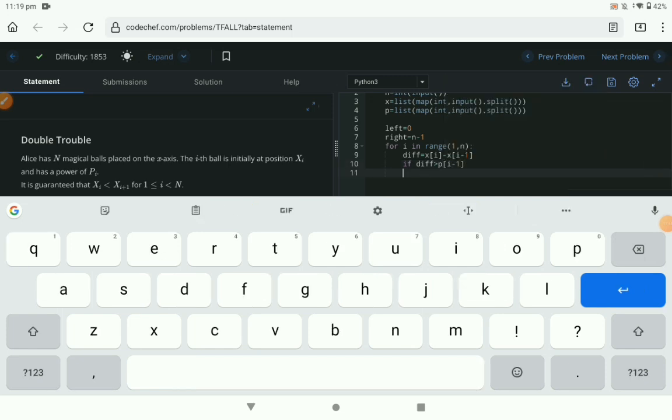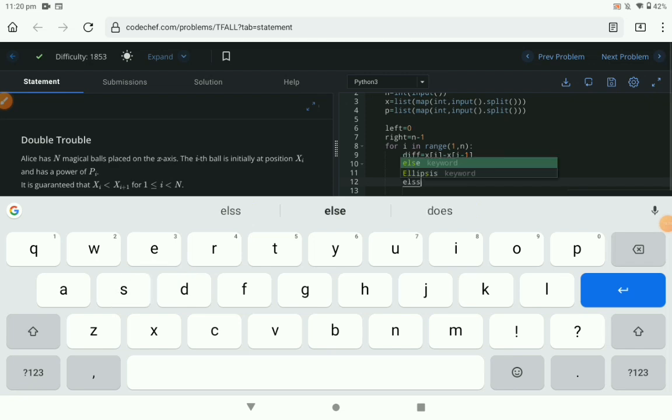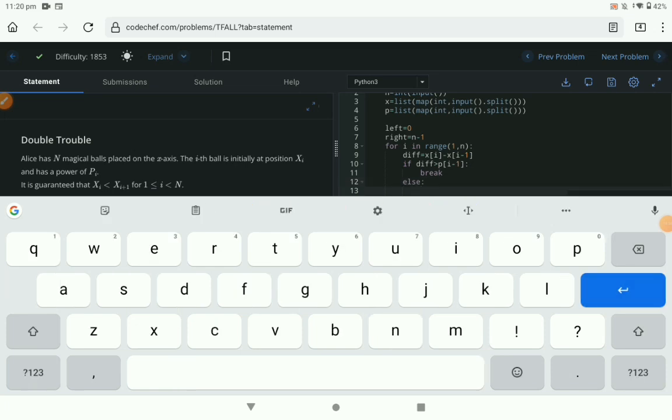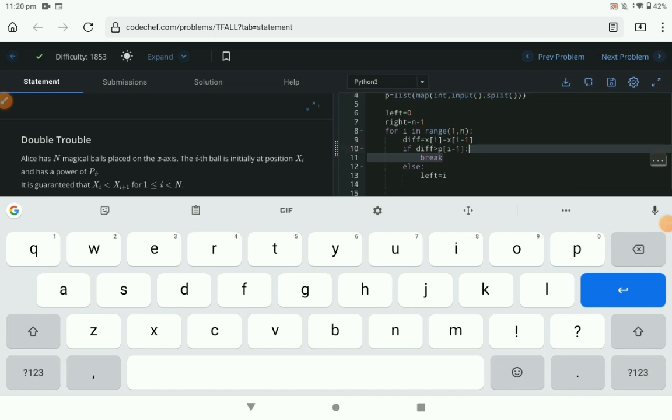So basically we have checked here, and if it is greater, then we will just break. Else, what we will do is initialize left equals to i, meaning the ball is given at the ith position.